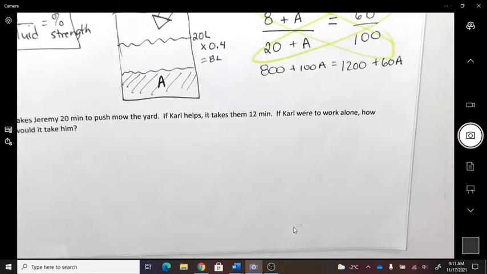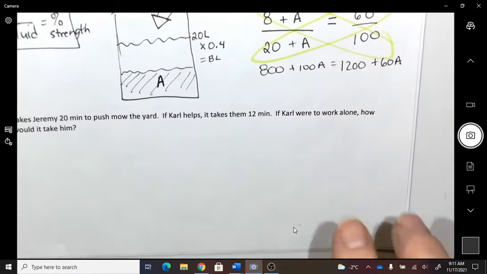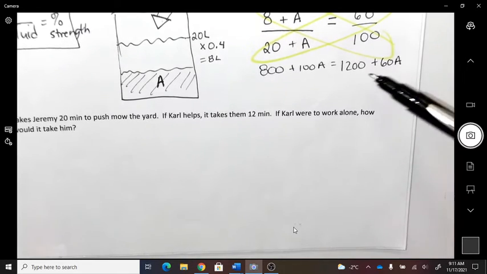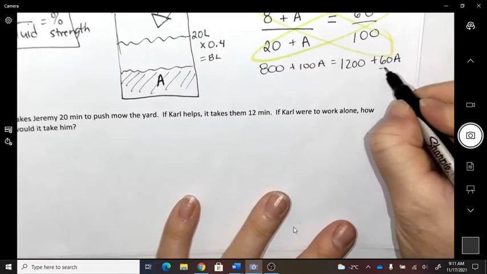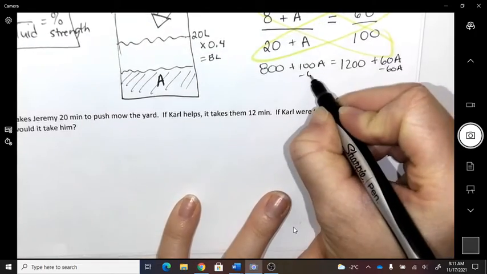So solving this, I have one variable. So I'm going to do some isolation. I'm going to group together the A's, so I'm going to subtract 60A.